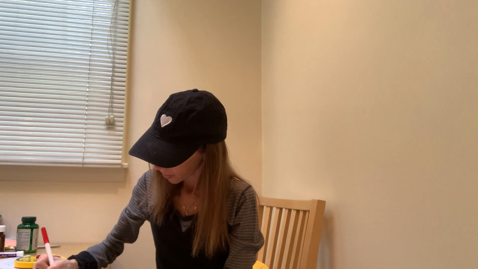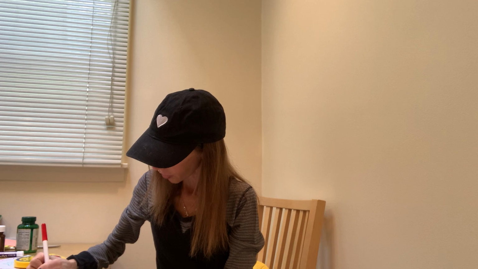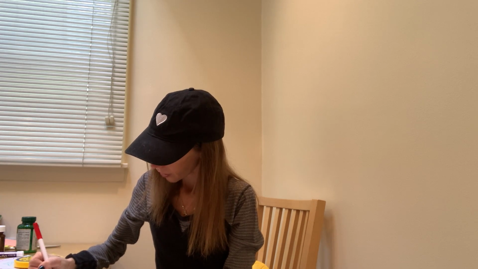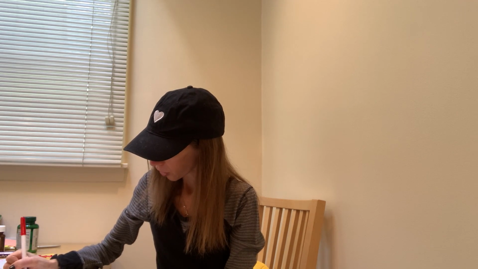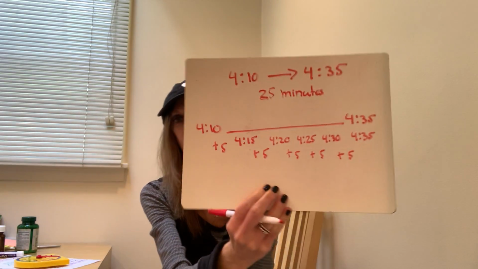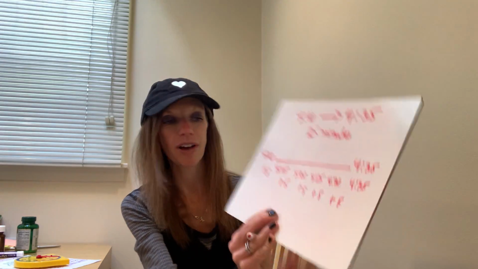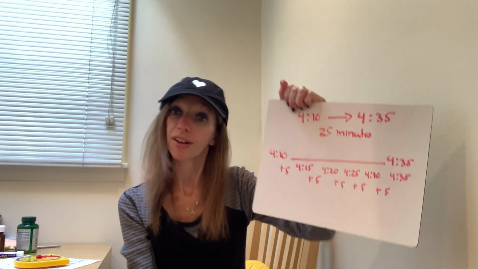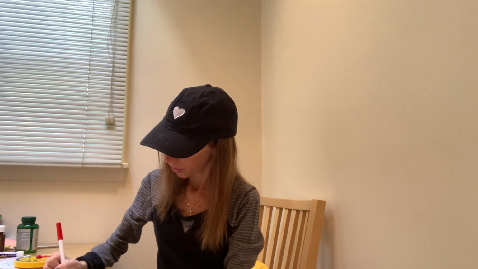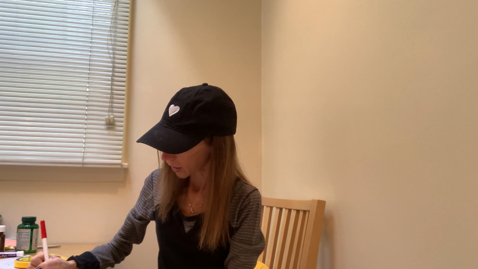Plus 5 brings us to 4:25, plus 5 brings us to 4:30, plus 5 brings us to 4:35. Perfect. I reached 4:35, so now I'm going to count my 5s. 5, 10, 15, 20, 25. Look at that. I got the same answer. 25 minutes.